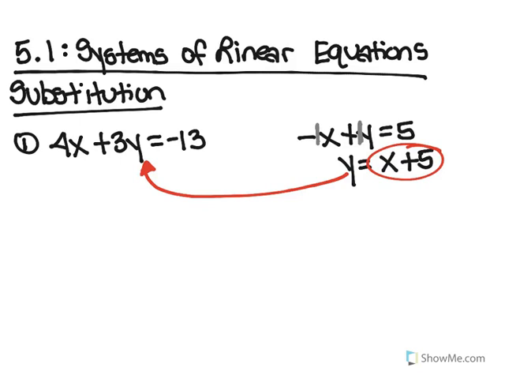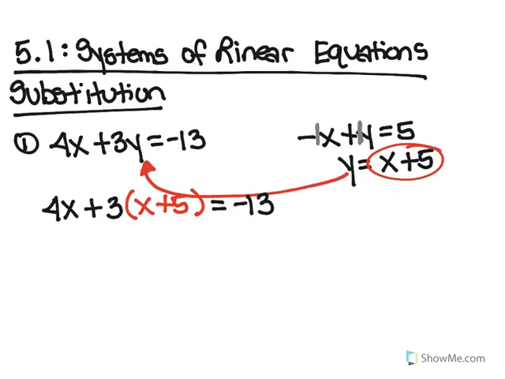So I have to plug in for one of the variables. So I'm going to go back to the first equation. I have 4x plus 3, and I'm going to put it in parentheses so you can see my plug-in where the y was. I'm putting x plus 5 equals negative 13.